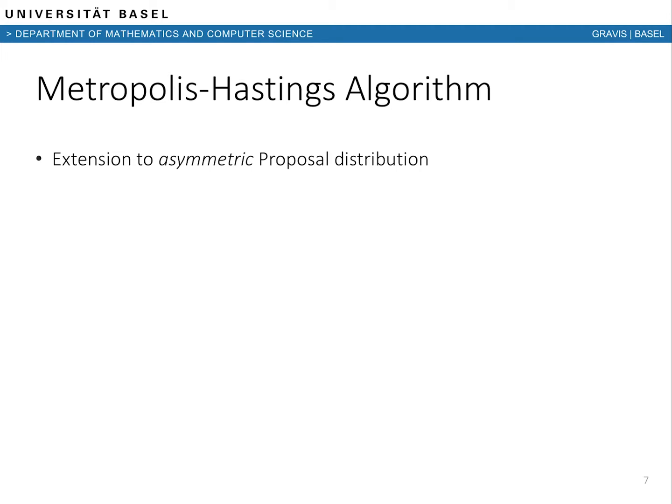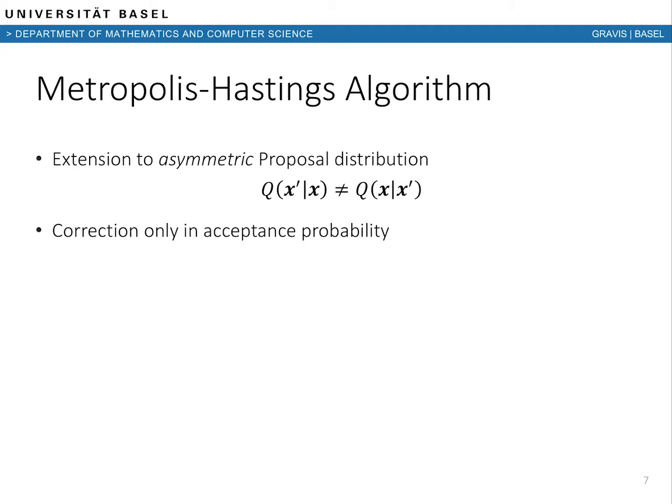If we have an asymmetric proposal distribution, the algorithm can be easily extended to deal with that. In the case where this proposal is not directly reversible, we would correct this in the acceptance probability used during the algorithm.